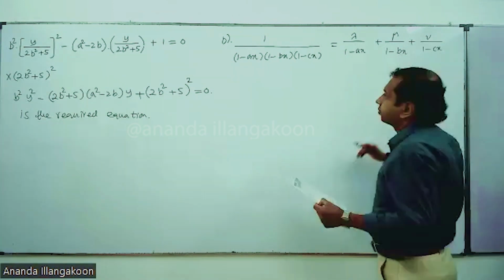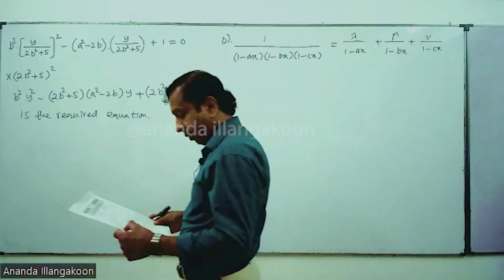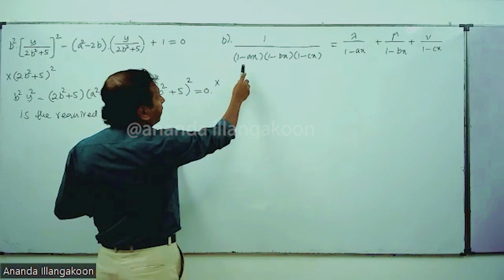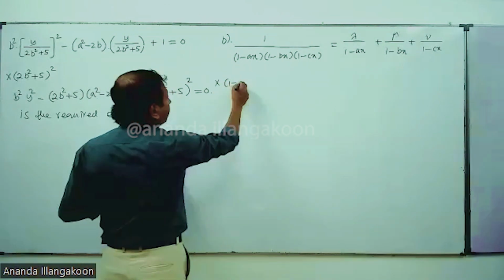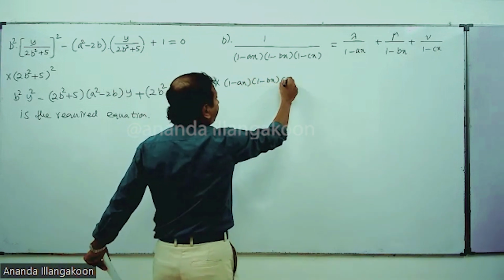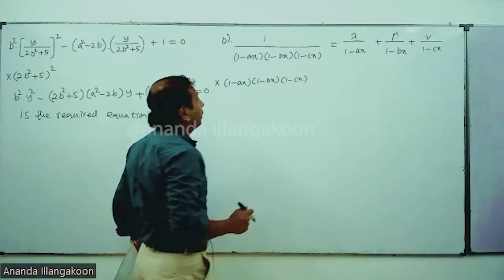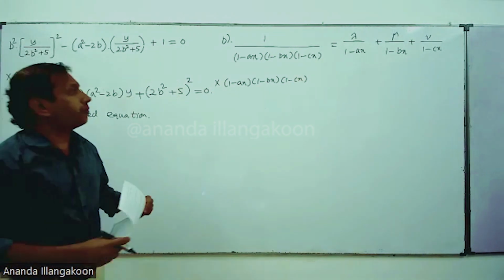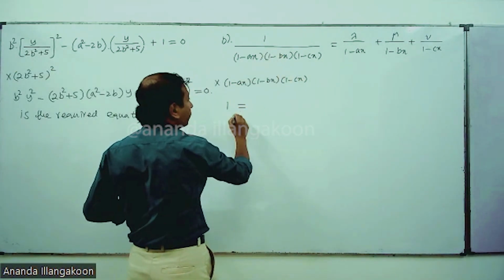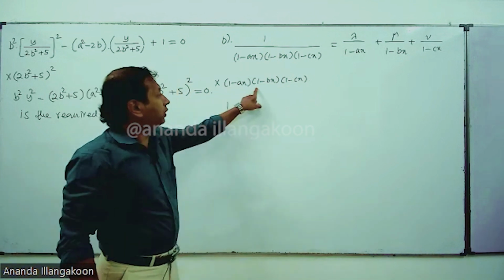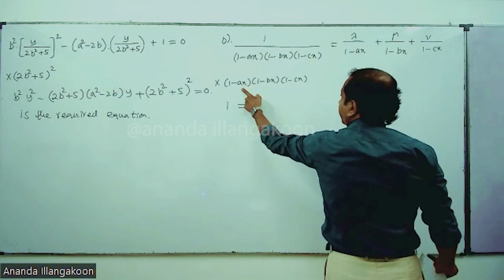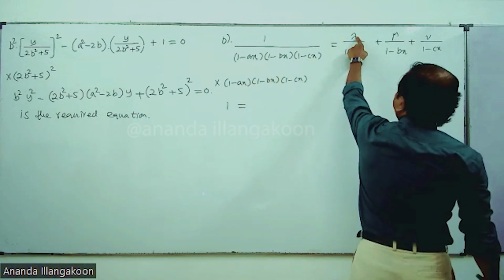Right. Now we'll multiply both sides by the left hand side denominator, 1 minus ax, 1 minus bx, 1 minus cx. Then this thing will cancel with this, we get 1 here. Before this lambda, this 1 minus ax will cancel, so lambda is multiplied by this product.